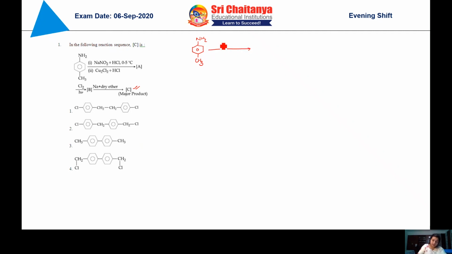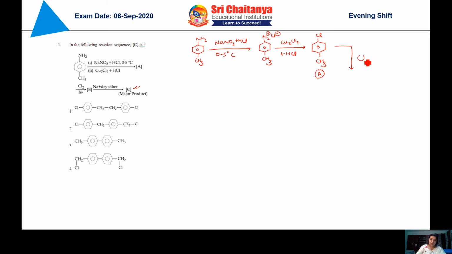Now when this is made to react with NaNO2 plus HCl at 0 to 5 degrees centigrade, then I'll have diazonium N2+ Cl- and CH3. Now it is made to react with CuCl plus HCl. It is a Sandmeyer reaction, here chlorine and CH3. So this is our structure A.